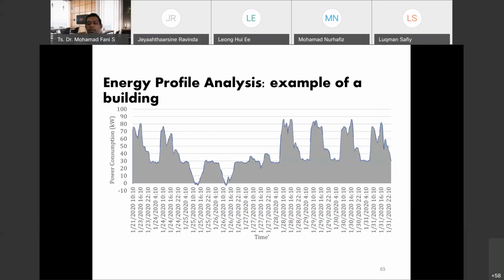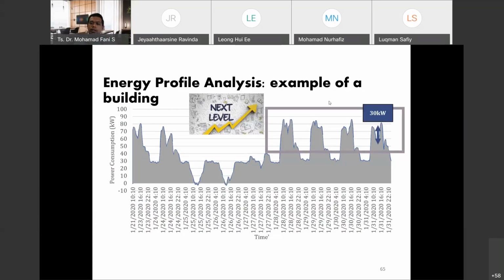And we have an IoT system to monitor this profile. For example, when we launched a program called shut down before you leave for lunchtime, we monitored it.